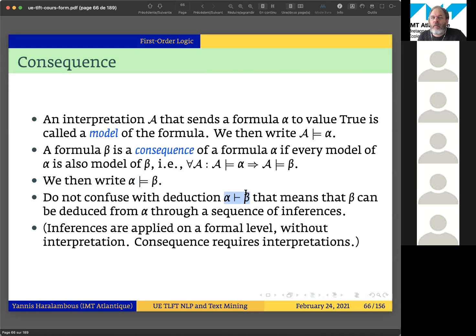And this makes first order logic useful because you want to know if some phenomenon is a consequence of some other phenomenon, a necessary consequence. You formalize the first one, you apply inferences, you prove the second one out of the first, and then you interpret it.